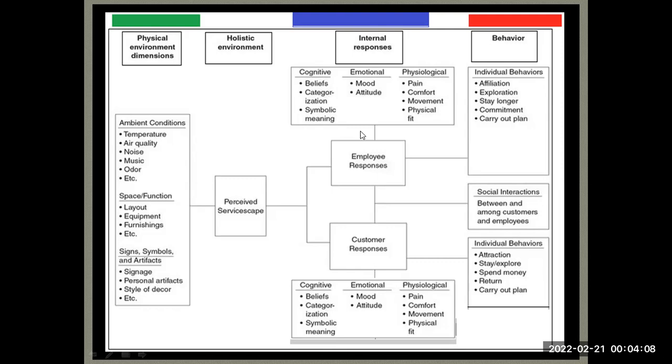The customer will also think whether the buying activity with this organization is painful or painless, comfortable or uncomfortable, whether the efforts taken for shopping are justified, whether the interiors are good, and whether it is physically fit to purchase from that organization. Again, the customer will start giving some external responses.